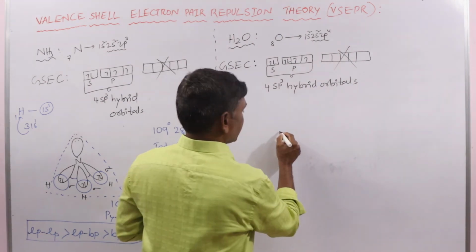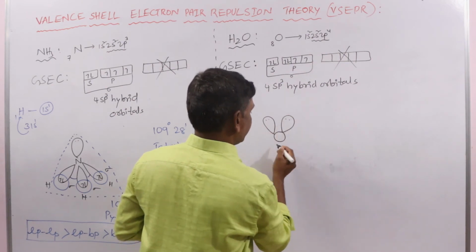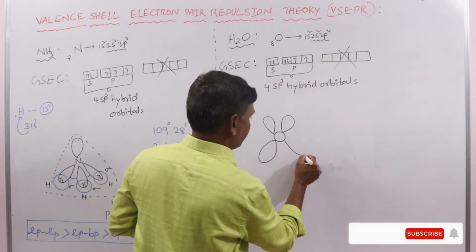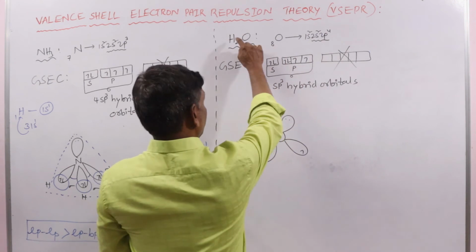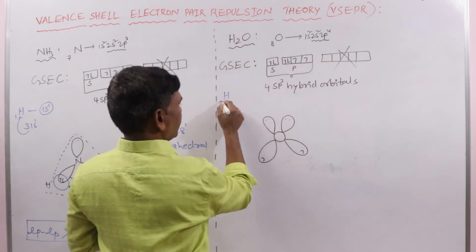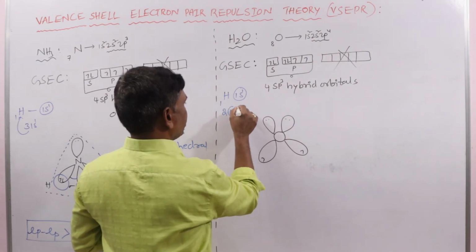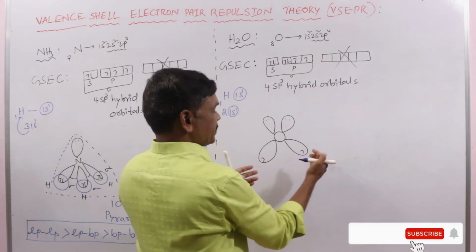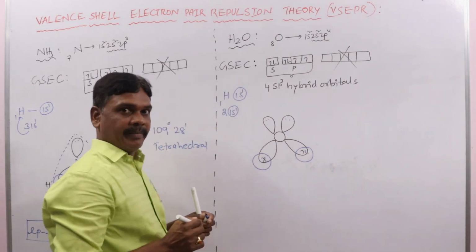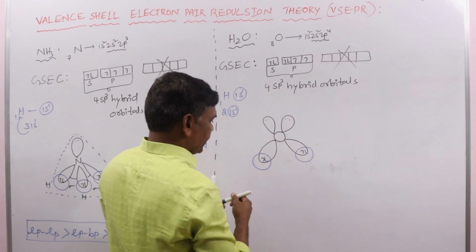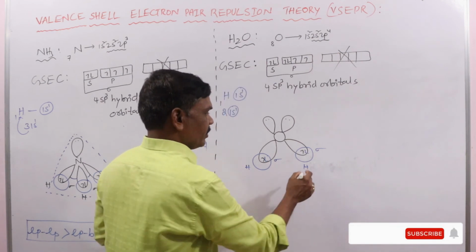So for oxygen, there are 2 lone pairs and these hybrid orbitals contain unpaired electrons. The second element is hydrogen, atomic number 1, electronic configuration 1s1, so the two 1s1 orbitals of hydrogens linearly overlap with the hybrid orbitals of oxygen, forming sigma bonds. This is hydrogen and this is also hydrogen.